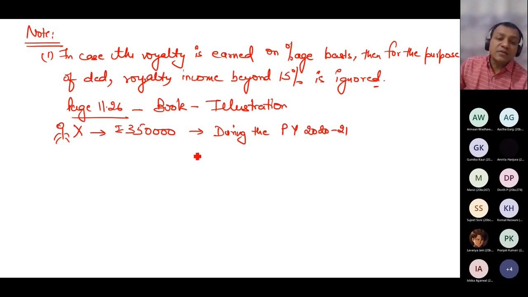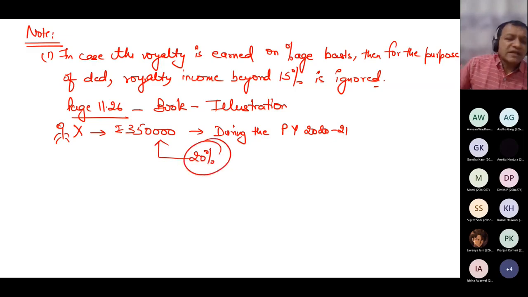Now I am earning income on percentage basis, and what is my percentage? 20. Now normally 10% is the acceptable criteria. In most of the cases, you will find the percentage which is agreed between the author and the publisher is 10%. But in my example, I am assuming that the person is earning at 20%. Now suppose you have to compute total income.